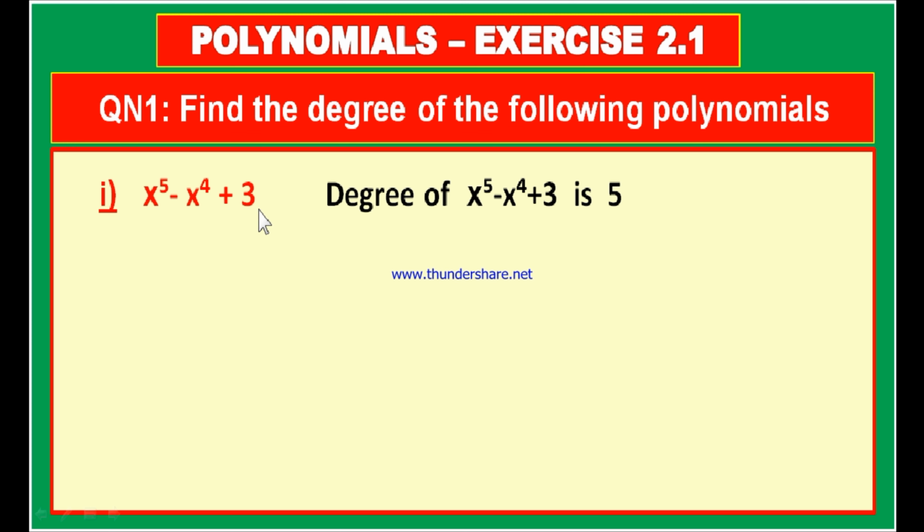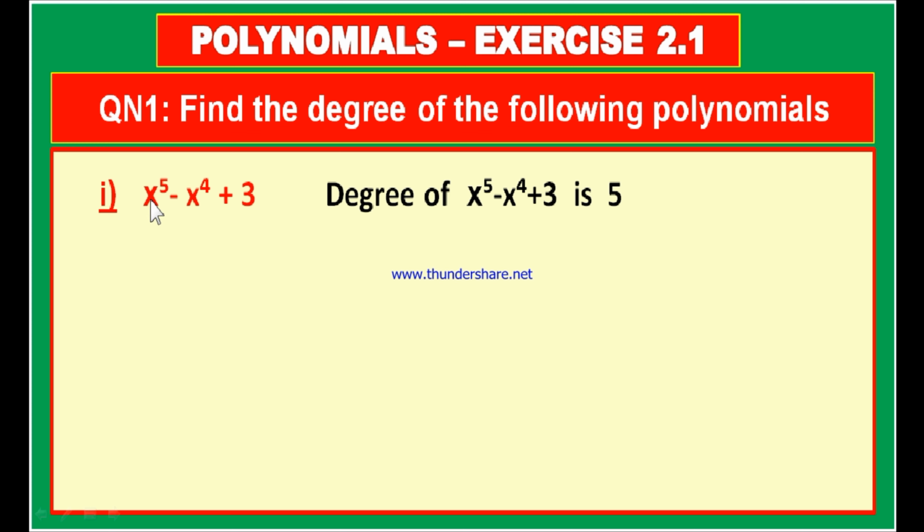This is a polynomial of the variable x, isn't it? In the first term, what is the exponent of the variable? 5. And in the second term, what is the exponent of the variable? 4. And in the third term, what is the exponent of the variable? Here, you can write this 3 as 3 into x power 0. Therefore, here the exponent is 0, here the exponent is 4, and here the exponent is 5.